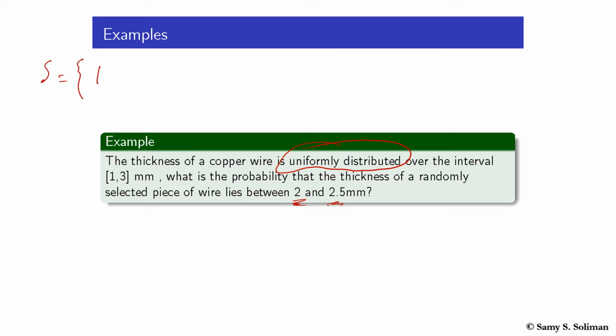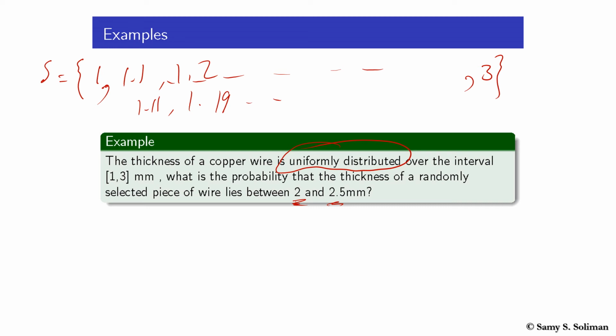We know that 1 millimeter is a possibility, 3 millimeters is a possibility, but between 1 and 3 we have an infinite number of possibilities, because the thickness can be any real number, 1.1, 1.2, 1.11, 1.19, and so on. So this is a set which has an infinite number of elements.